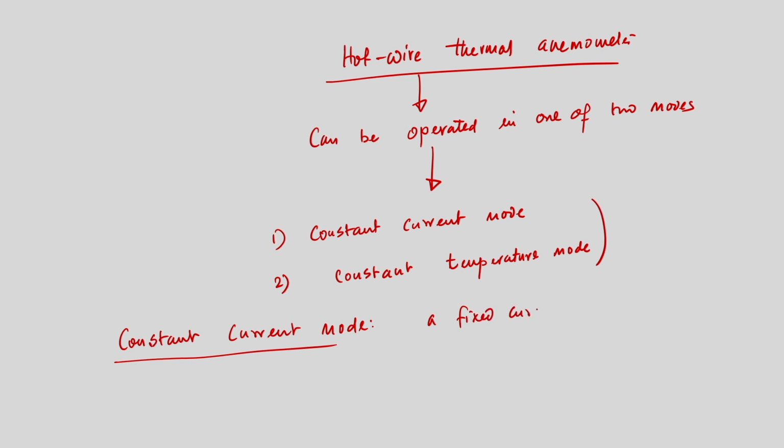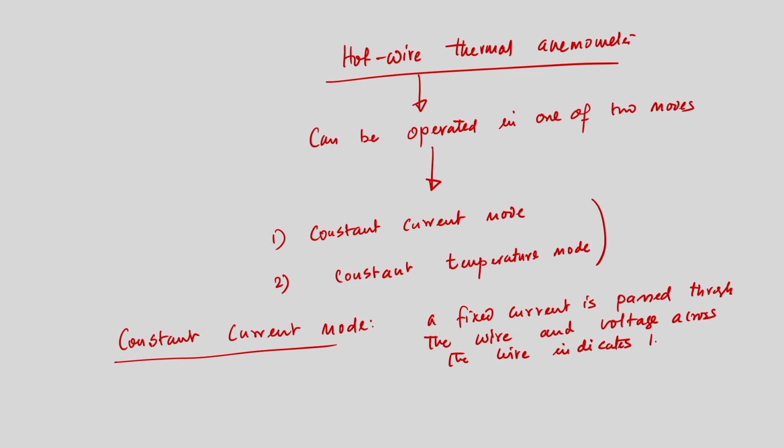So, in constant current mode, a fixed current is passed through the wire, and the voltage across the wire indicates the heat transfer rate.